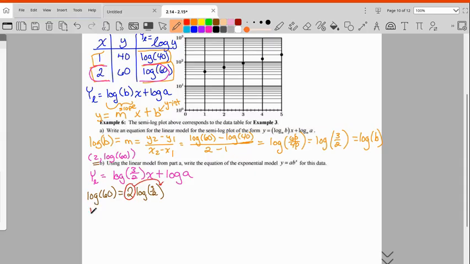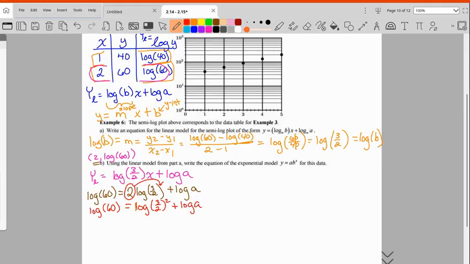So we know the log of 60, and I still need to have my log of A here, so let me make sure we get that plus log of A, is equal to log of 3/2 squared. We're going to bring that back as a power, plus log of A.